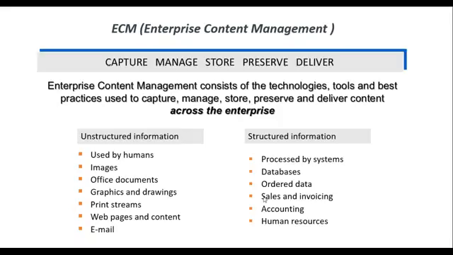Now, an organization will receive information in 2 ways. One is unstructured information, and the second is structured information. Examples of unstructured information are images, documents coming from offices, graphics, drawings, emails, and web content.